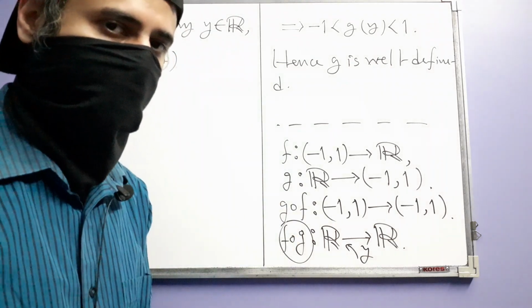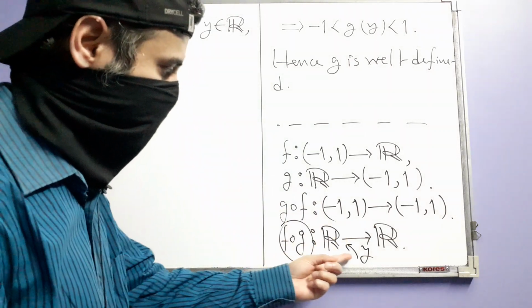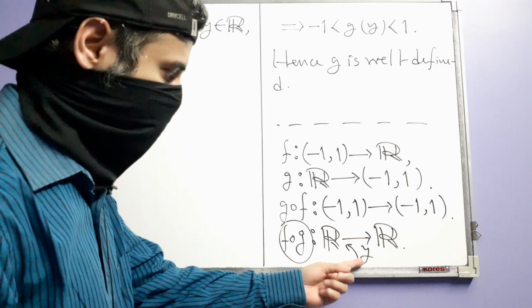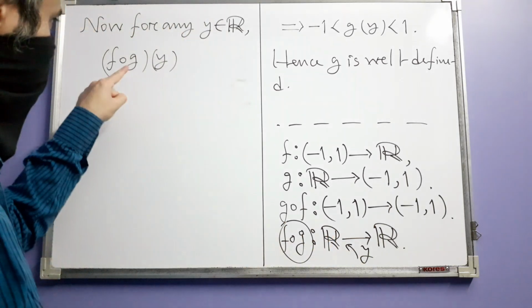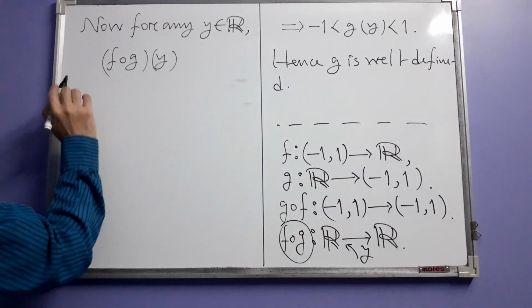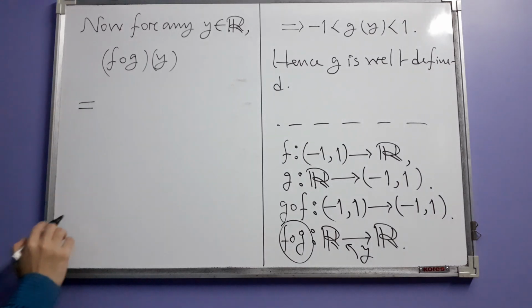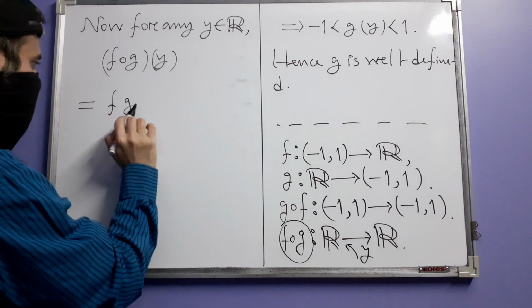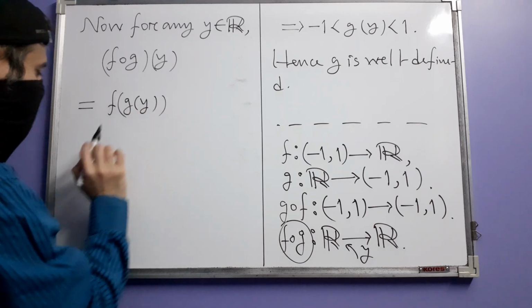That will make everything absolutely clear. Now we know that we need to take y from R if we are considering this composition. Okay, so by definition this is f of g of y.